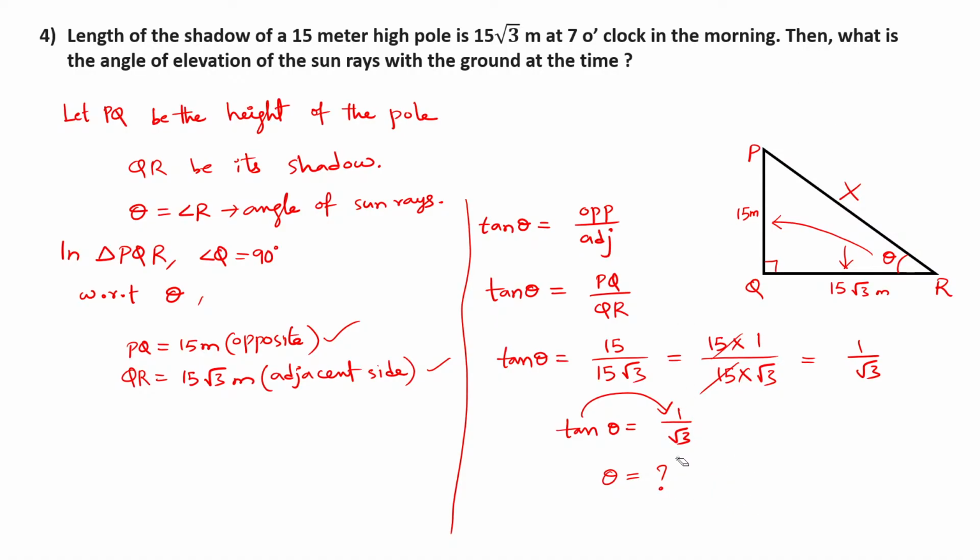So tan theta is equal to 1 by root 3 at theta equal to 30 degrees. At 7 o'clock, a 15 meters height pole will cast a shadow of 15 root 3. So this is all about the fourth question.